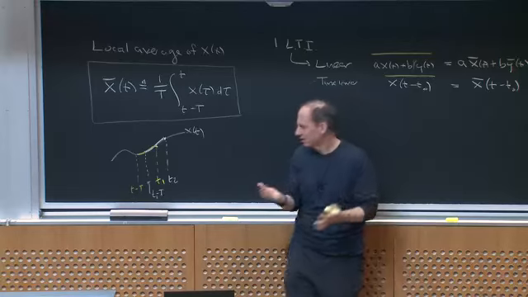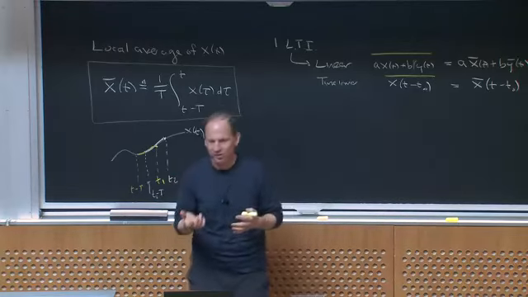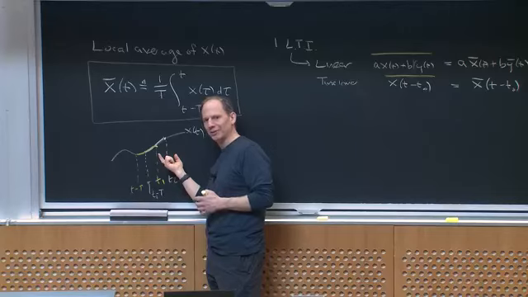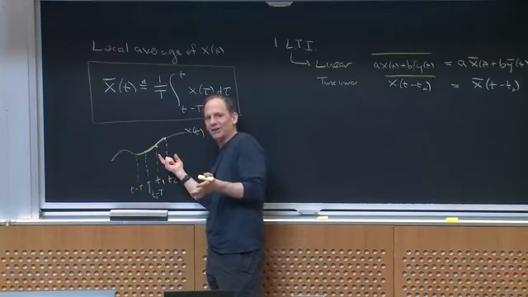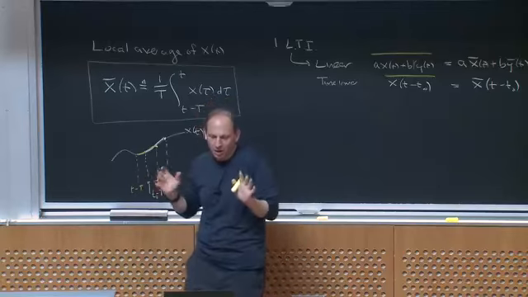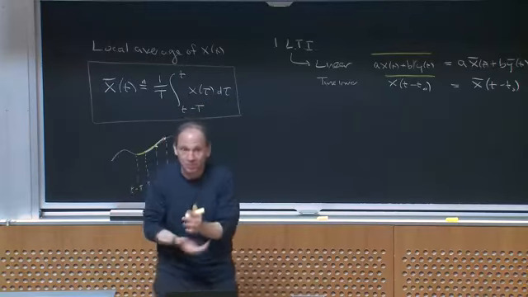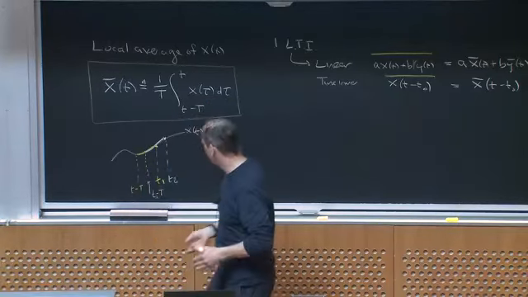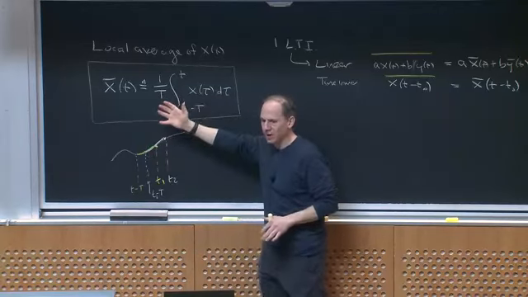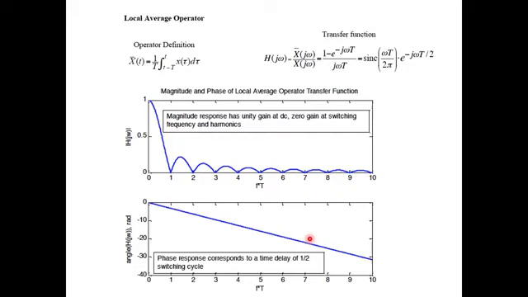If I didn't like that, I could make my local average between T minus T over 2 and T plus T over 2, and then I wouldn't have any delay, but I also wouldn't be causal. Now, I'm not saying we're actually going to physically build a filter, but this is an operator that lets me think about how I process my signals so that I could keep the low frequency content and get rid of the switching ripple. Any questions about that?